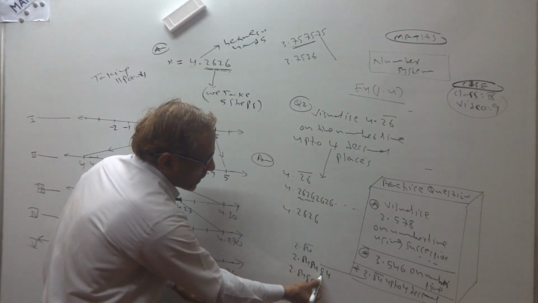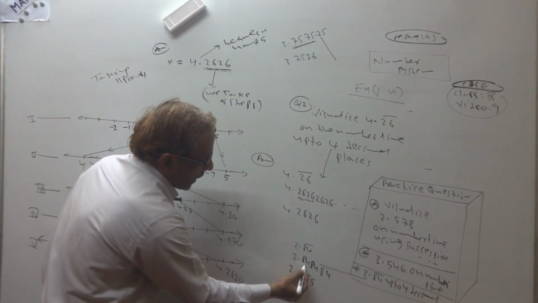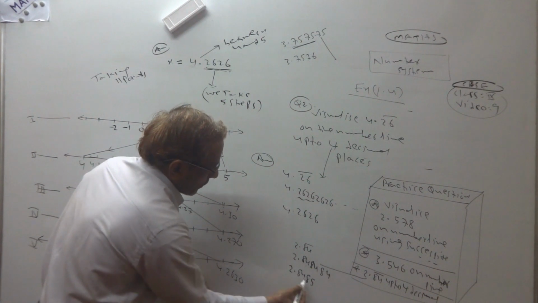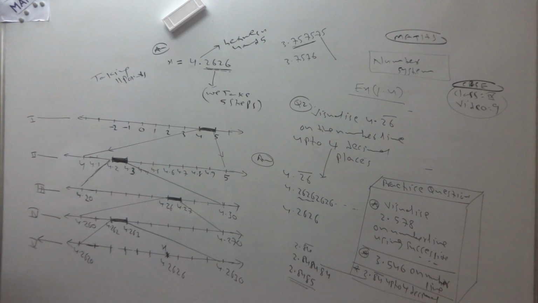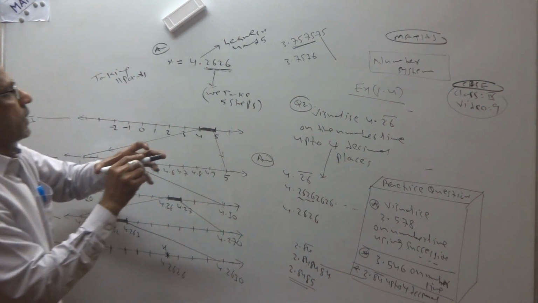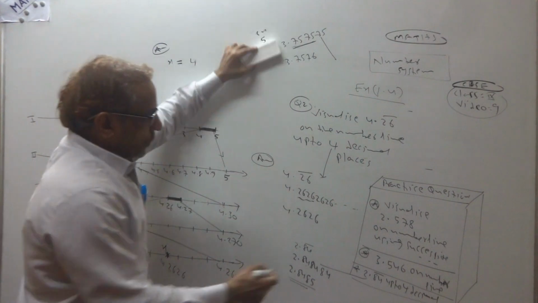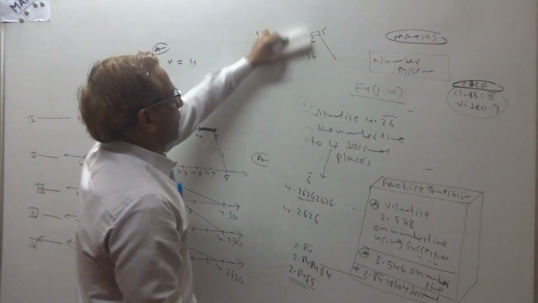But the fifth number is more than 5, so 84, 85 we should write. Now represent this. This is a method. Got it? So these are 3 questions for practice.